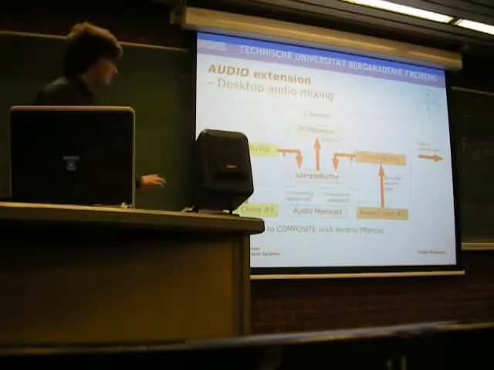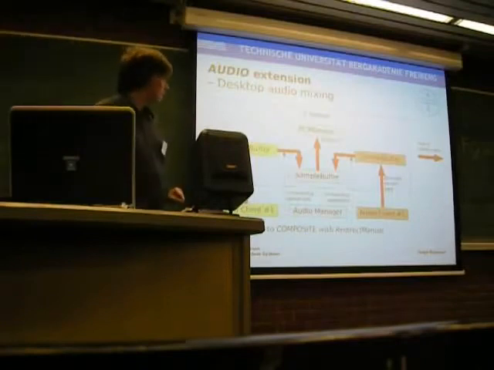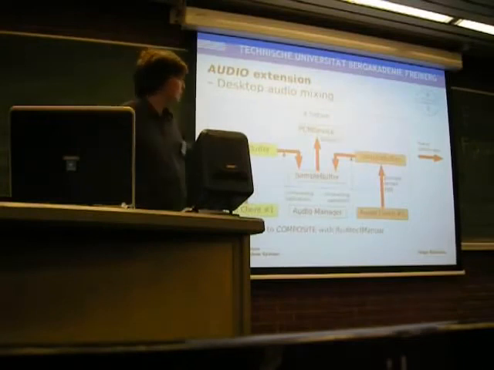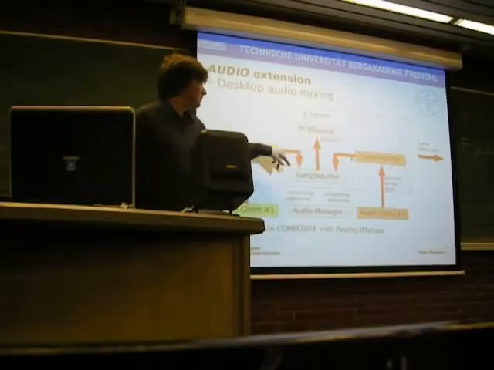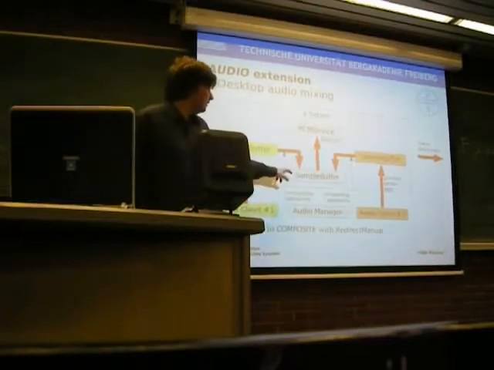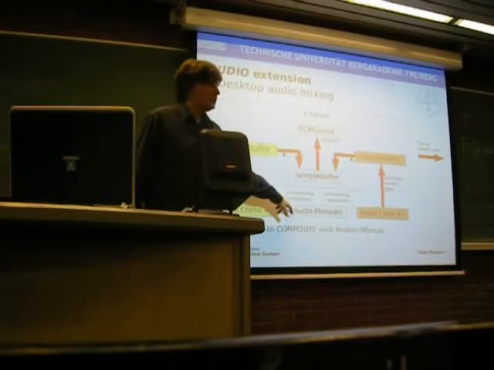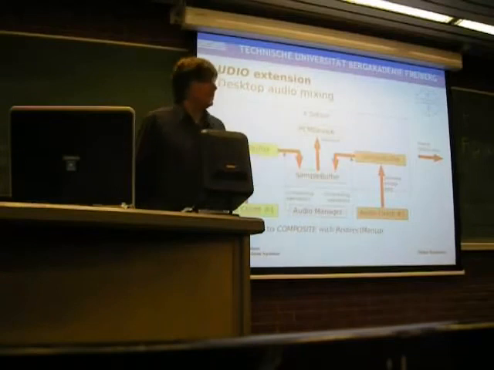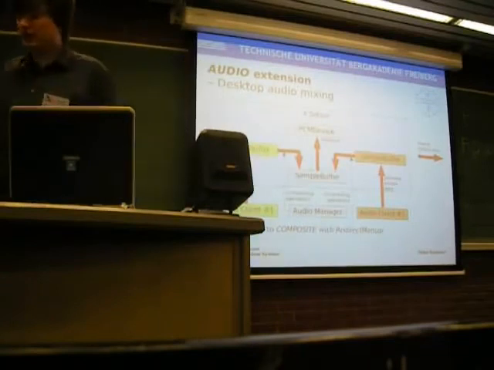And all the other audio clients that want to play back something also create their own sample buffers in which they provide the data they would like to play back. But instead of letting the PCM device read from all of these sample buffers, it is the audio manager's responsibility to issue compose operations that transfer the sample data from these client sample buffers into the main playback sample buffer.